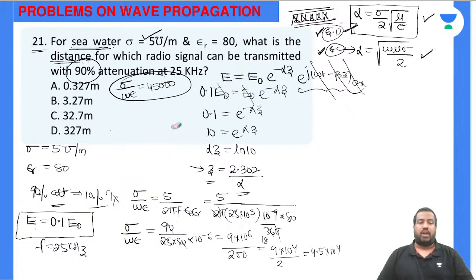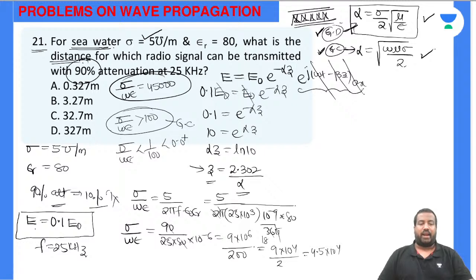Sigma by omega epsilon is greater than 100, good conductor. Less than 1 by 100 or less than 0.01, that's a good dielectric. Very clearly, it's a good conductor concept. So you need not use this formula, but you'll use this formula.